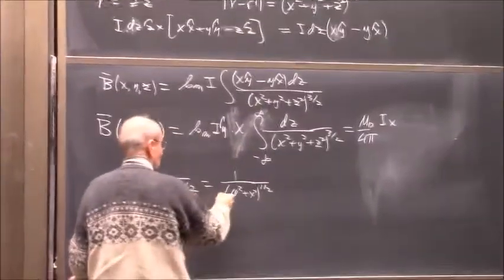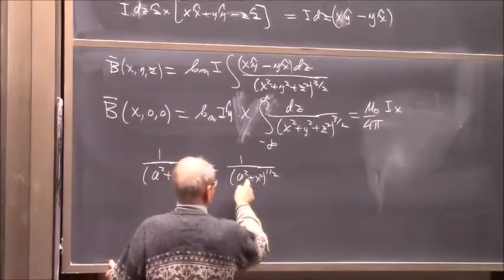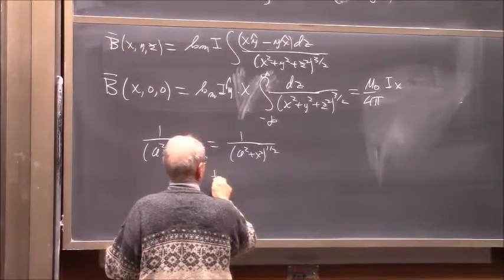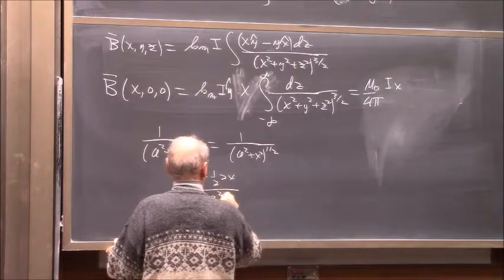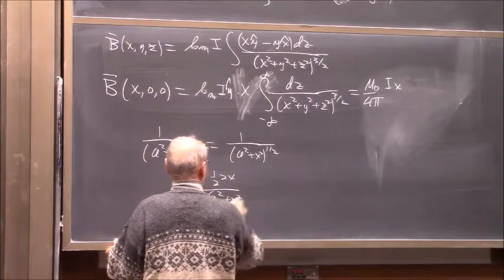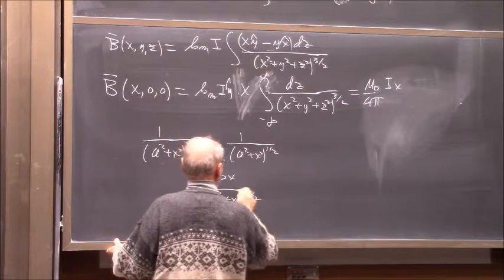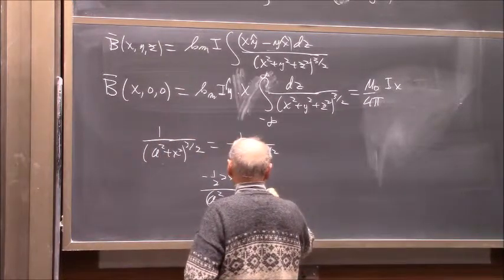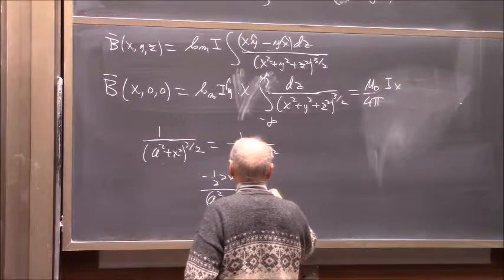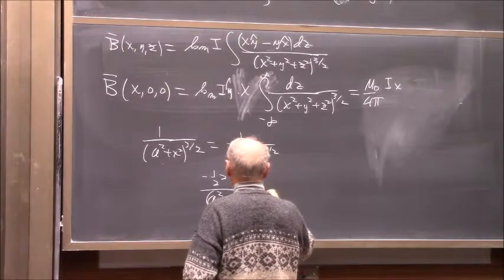Now, if you took the derivative of this, what would you get? You would get minus 1/2 times 2x over a squared plus x squared to the 3/2. And so that's minus x.